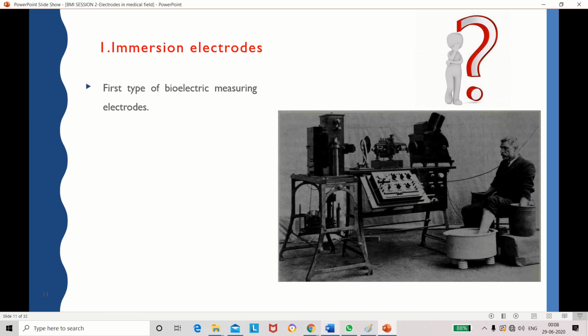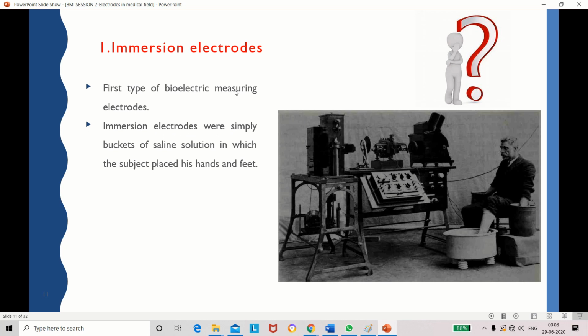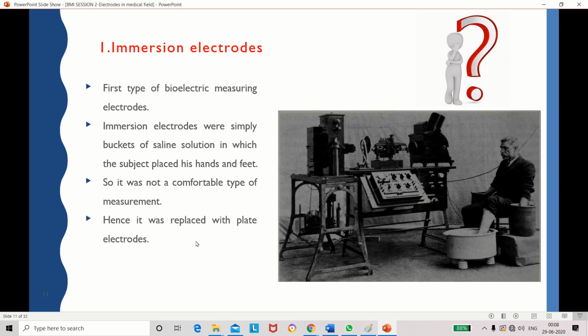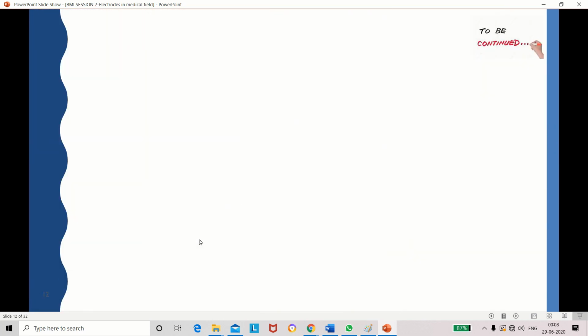Already we have discussed that this is the first type of electrode, and here we are using saline solution. It is not a comfortable type of electrode, so it is replaced with metal plate electrodes. Now we are going to metal plate electrodes. See here, this electrode is in the form of a metal plate.